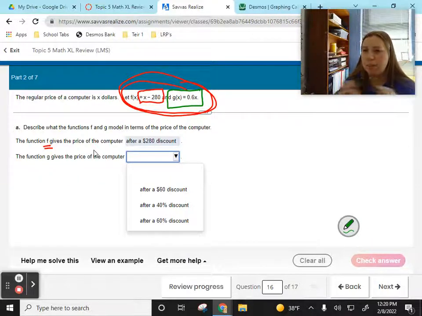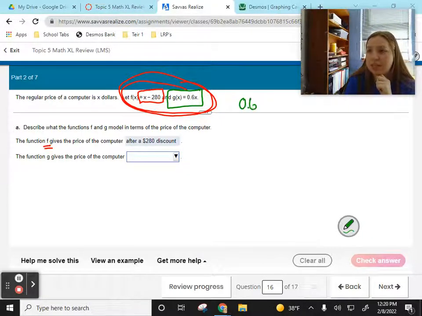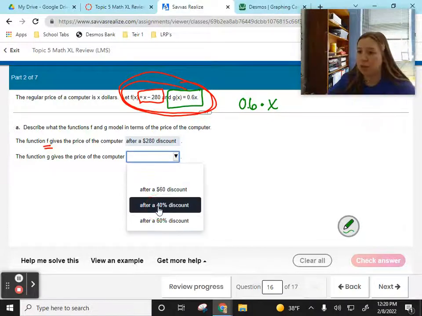Nope, that would just be a minus 60. Is this a 40% discount or a 60% discount? So let's think what we're doing here. We're doing multiplication. We're taking 0.6 of our price, which means we're taking 60% of it, which means we're having a 40% discount on the computer.